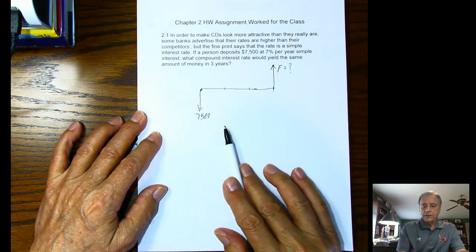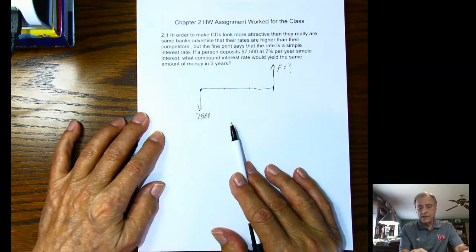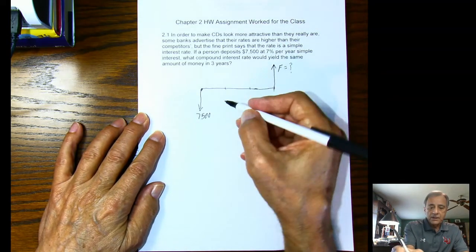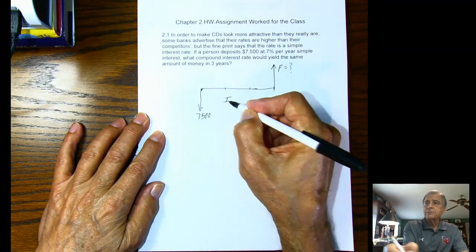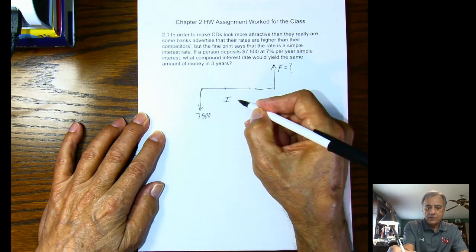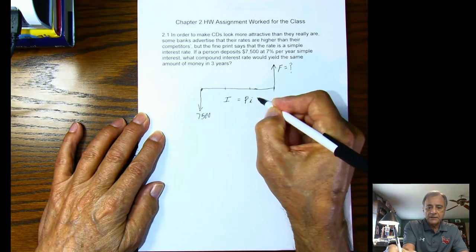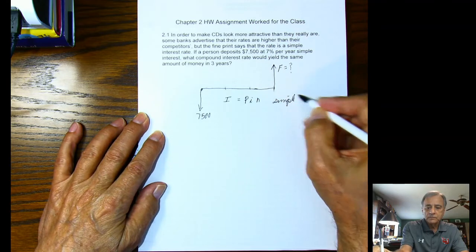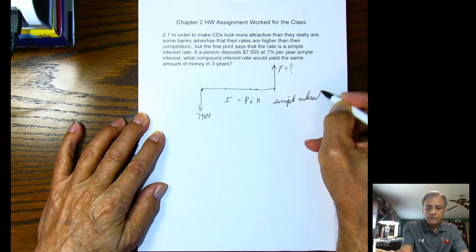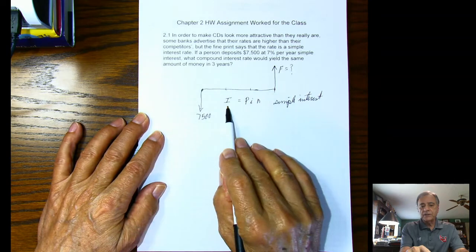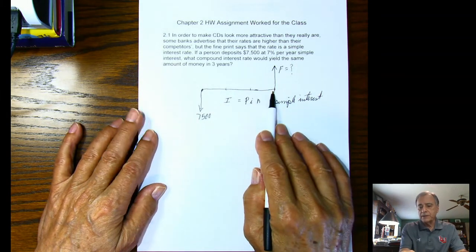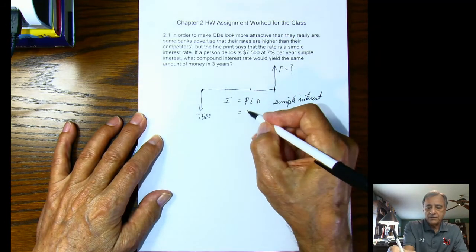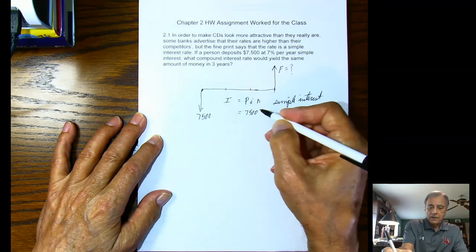So the formula for the interest that you will earn on this $7,500 is, recall I said the PIN formula, I equals PIN. This is the simple interest formula. That's the amount of interest that you'll earn during these 3 years. And the principal is $7,500. That's given.